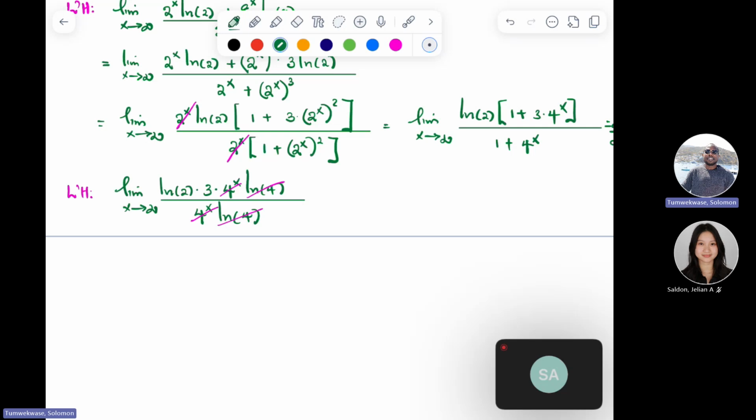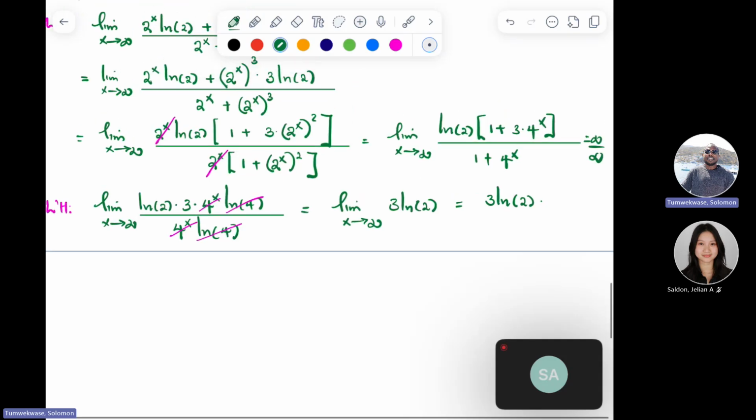So finally, what do I remain with? I remain with the limit as x approaches infinity of 3 natural log of 2, which is just a constant, and this is the same as 3 natural log of 2. Okay, guess what?